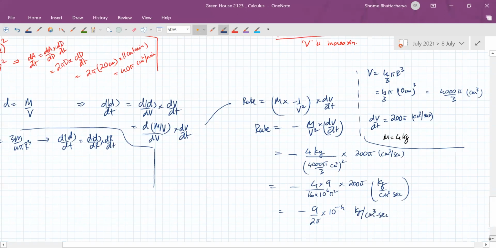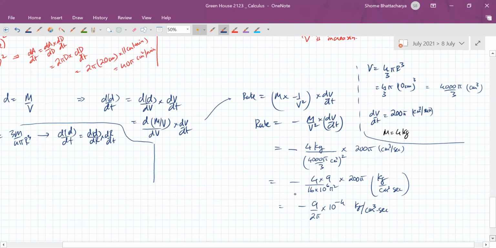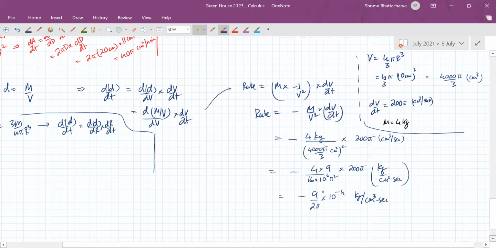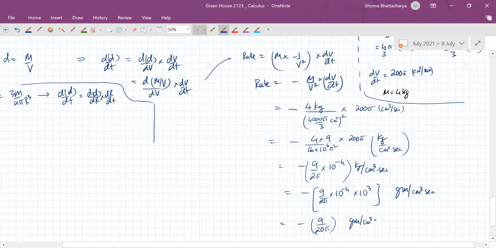Now we will convert this kilogram into grams so that we can write it in gram per centimeter cube. So you can write it as 9 by 2 pi into 10 raised power -4 into 10 raised power 3. This will become -9 by 20 pi gram per centimeter cube per second.